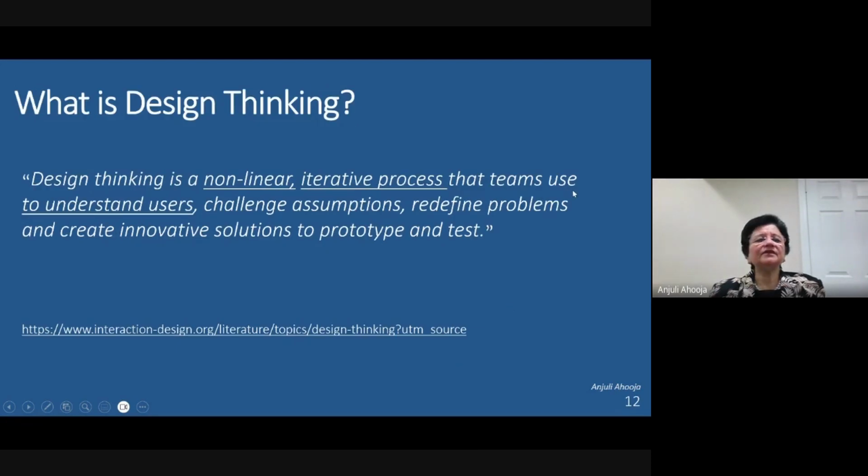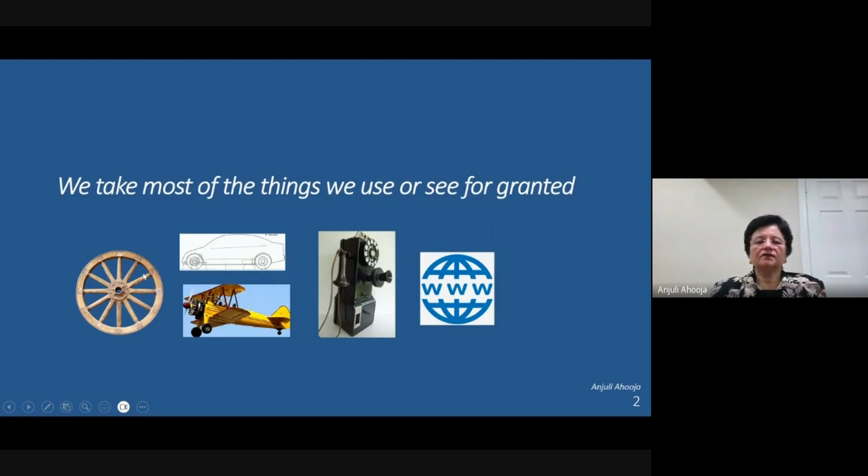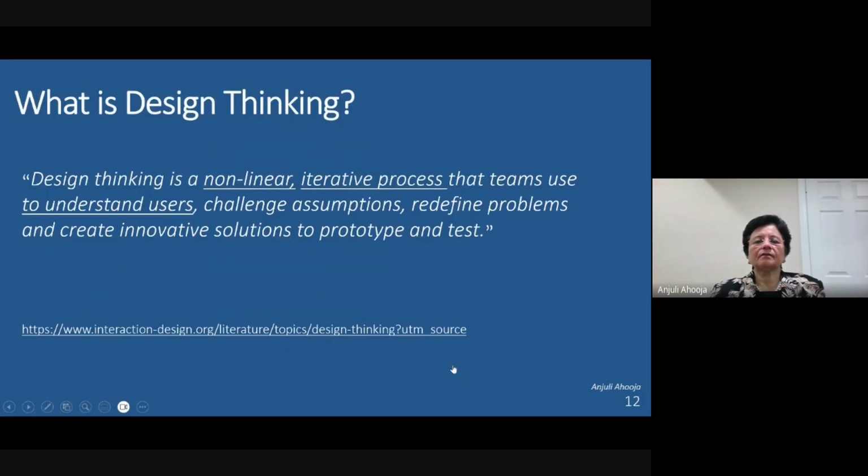That teams use to understand users. So understand users means empathy. Challenge assumptions, redefine problems, and create innovative solutions to prototype and test.